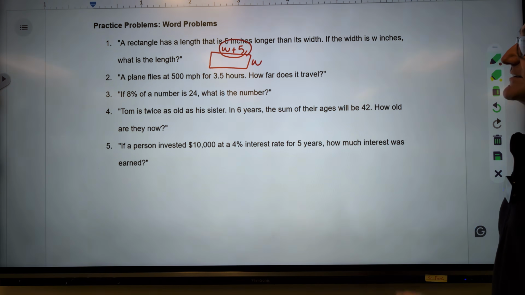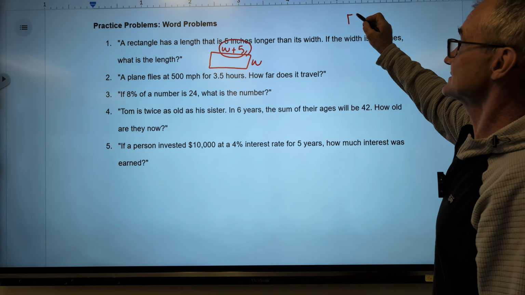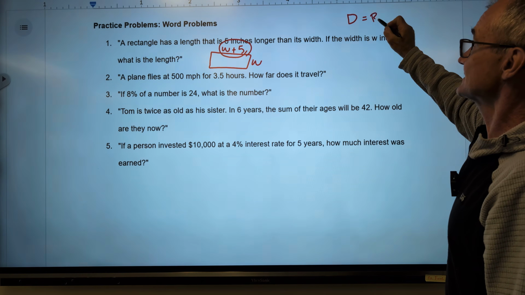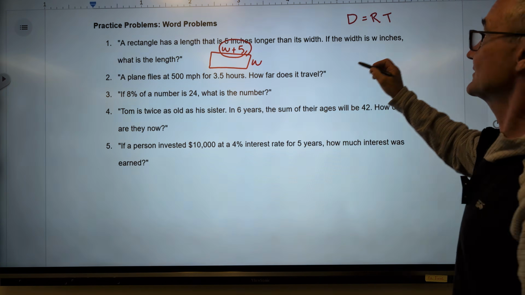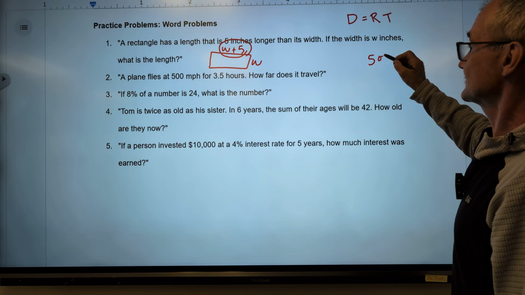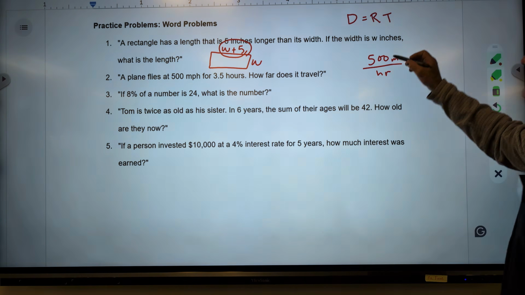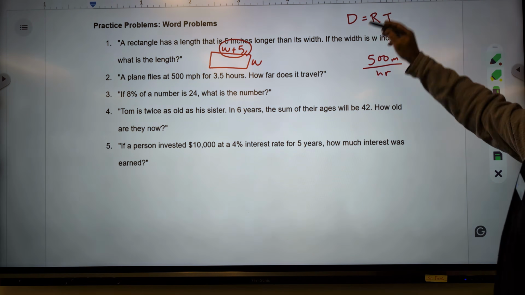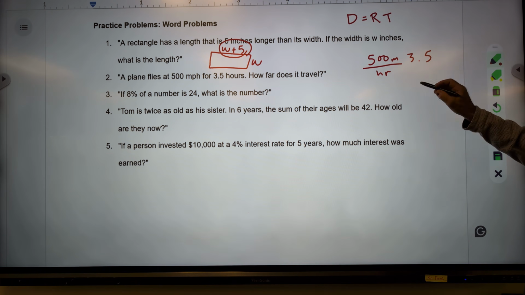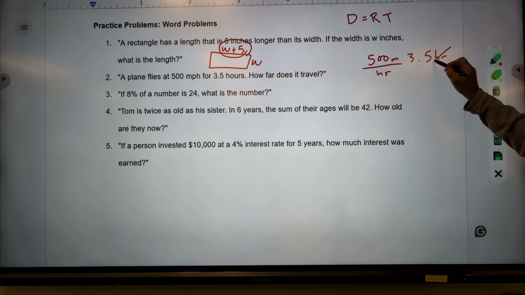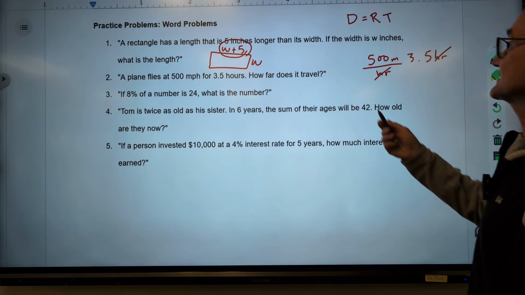A plane flies 500 miles per hour. So remember, we have distance is equal to rate times time. A plane flies 500 miles per hour. That's a rate for 3.5 hours. And I can see as well that my hours are going to cancel, and that's going to give me a distance. How far does it travel? It wants a distance.